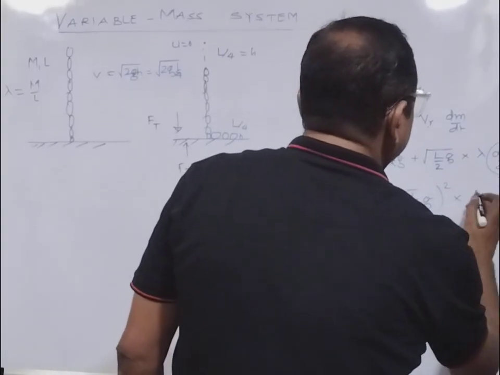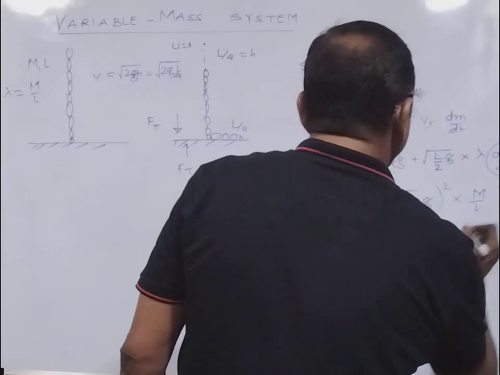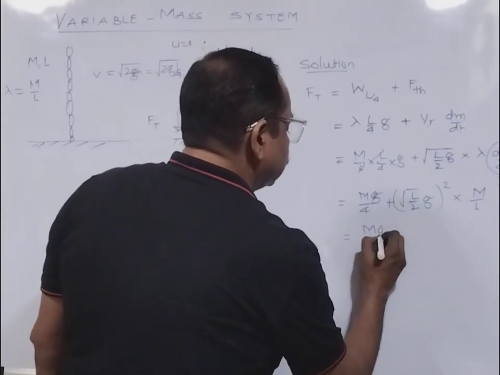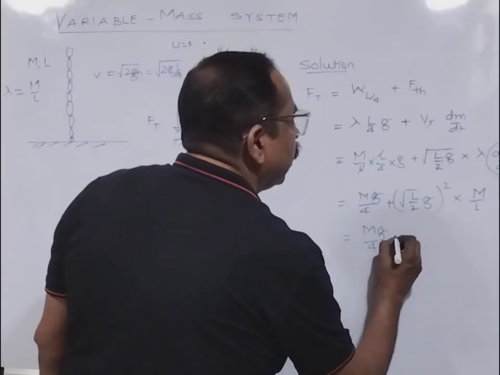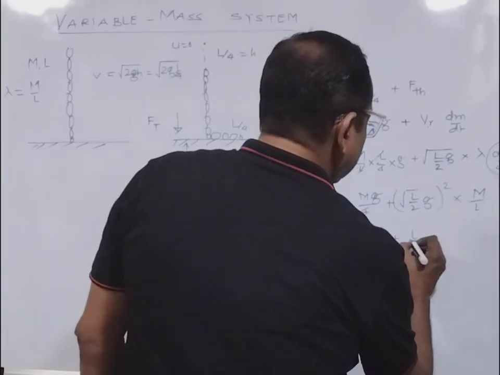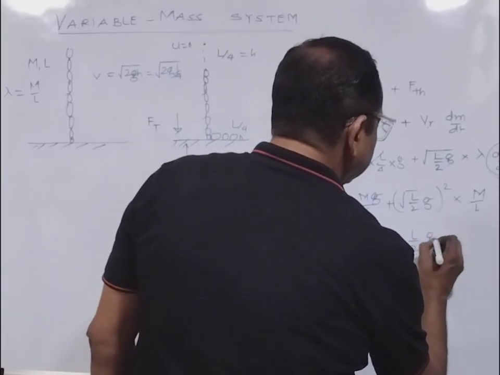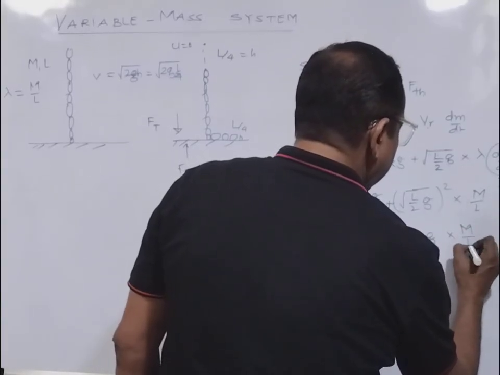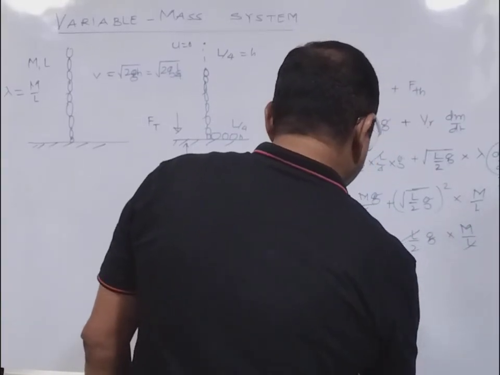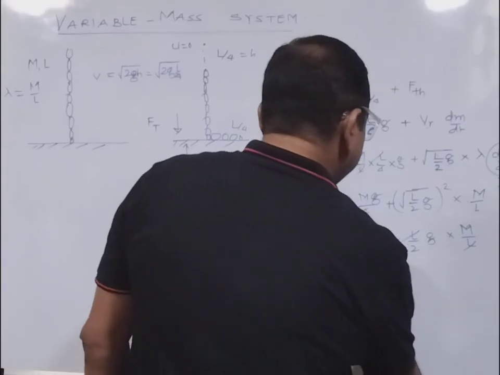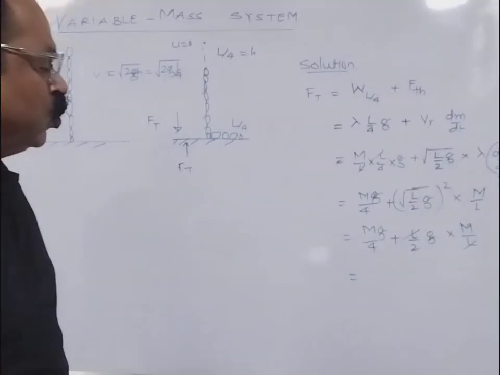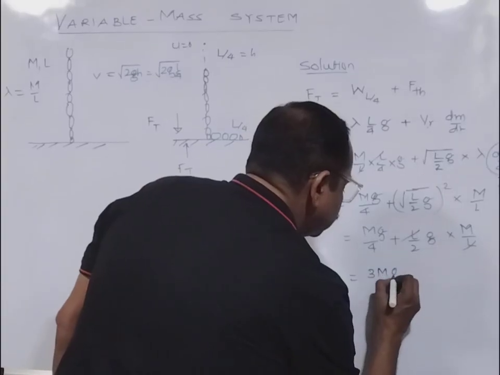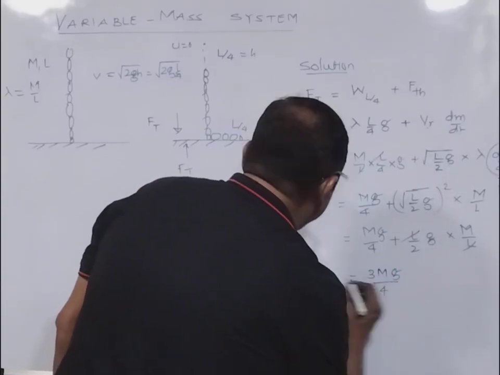Lambda is M by L, so this will become Mg by 4 plus L by 2 into g into M by L. L will get cancelled once again. It will become Mg by 4 plus Mg by 2, which is 3Mg by 4.